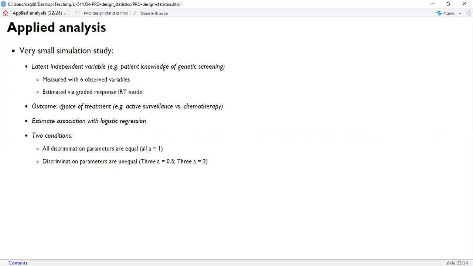We have a binary outcome, which may be something like a choice of treatment, comparing active surveillance versus chemotherapy or some other treatment. And we estimate the association with a logistic regression. So I'm going to do this small simulation under just 2 conditions. One, when all discrimination parameters are equal to 1. That's analogous to all factor loadings being equal.